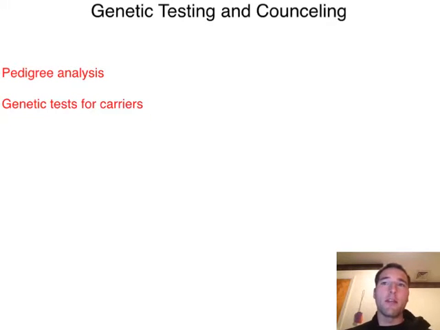Back to my friend who had, or thought he might have, Huntington's disease because his dad did. He would have sat down with a genetic counselor and done a pedigree analysis just to be clear on the chances of him having Huntington's disease, as well as the chances of passing it on. Then the genetic test: he actually had an option here.